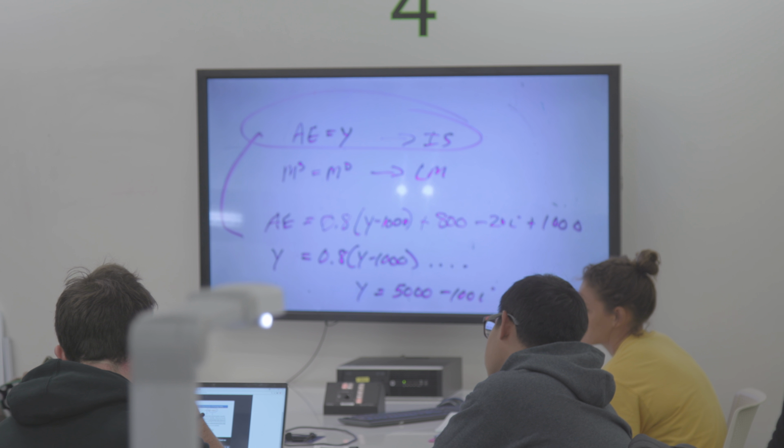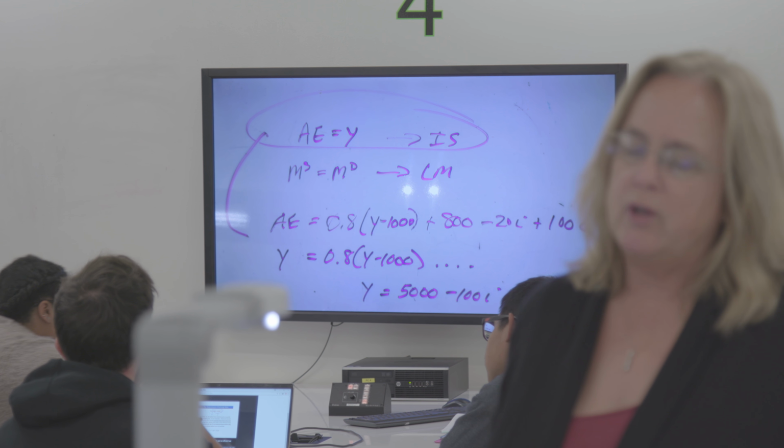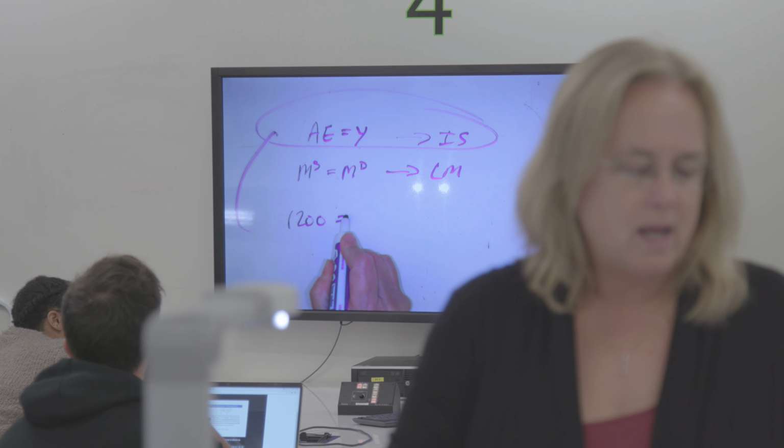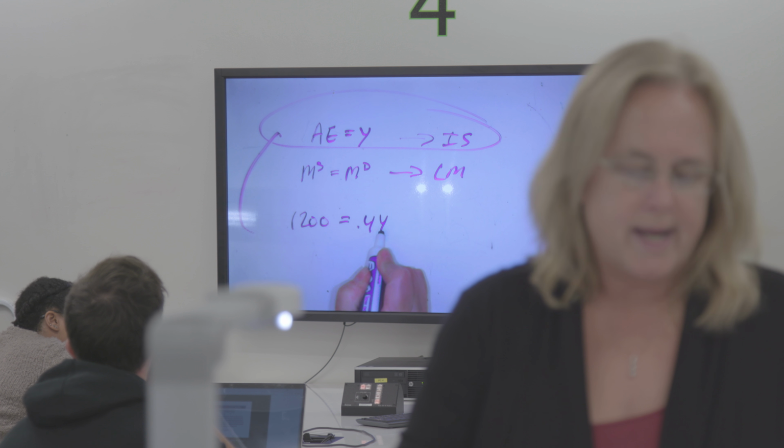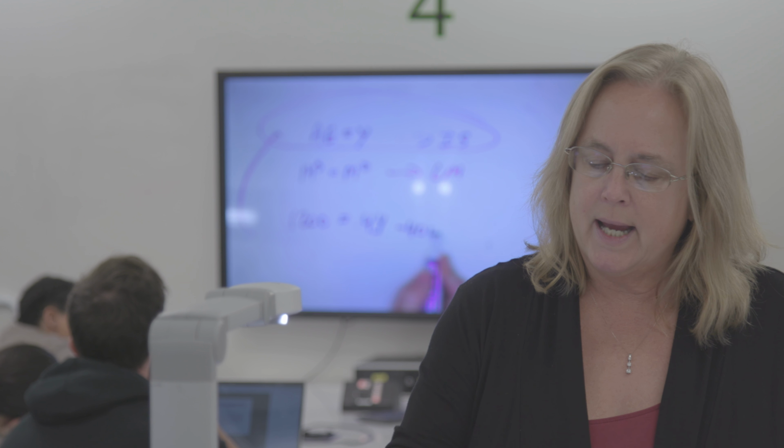Money supply equal to money demand is your LM curve. And so the LM curve was simply money supply, 1,200, equal to money demand, which is 0.4y minus 40i. And again, that simplifies to y equals 3,000 plus 100i.